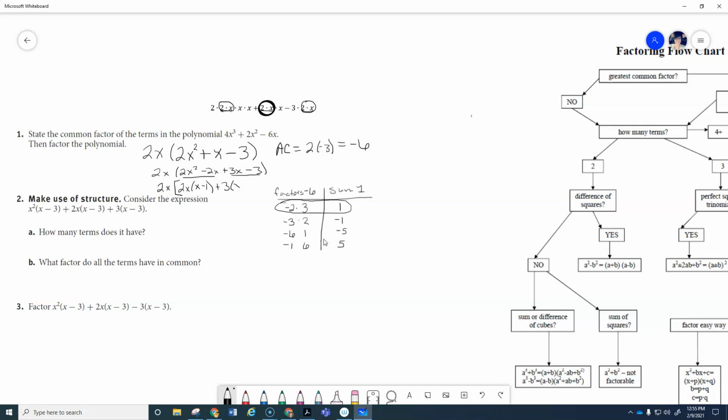And if you factor out a 3 right there, that leaves you minus 1. And now inside this, it looks like we have a GCF of x minus 1. And then that's going to leave the 2x plus 3 as my final factor.